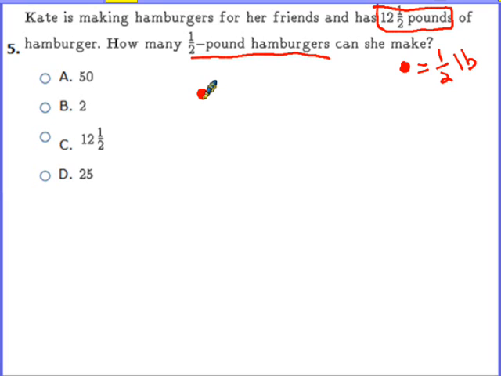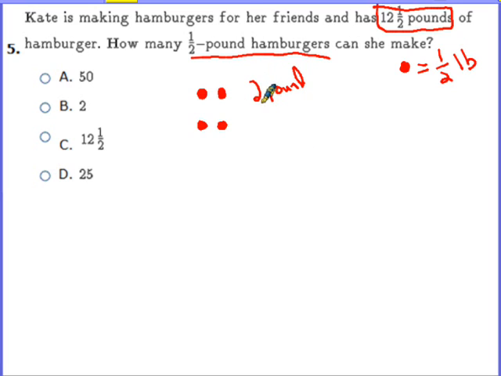So if you look, I've only drawn one, so now I've only used up half a pound. If I draw another one, now that equals 1 pound. Okay. If I draw another one and another one, that means collectively, let's do this. Now I have 2 pounds.